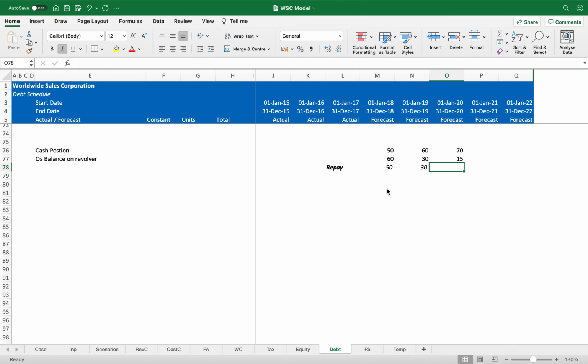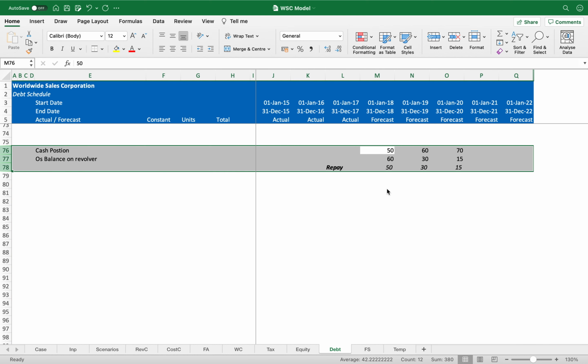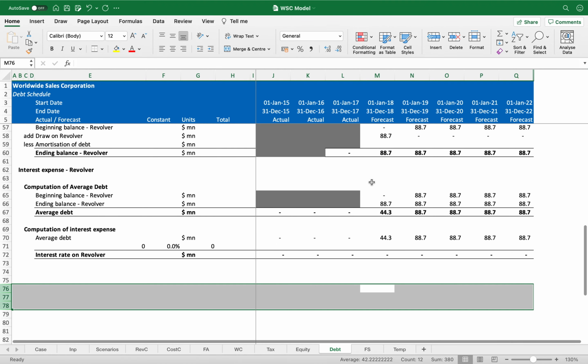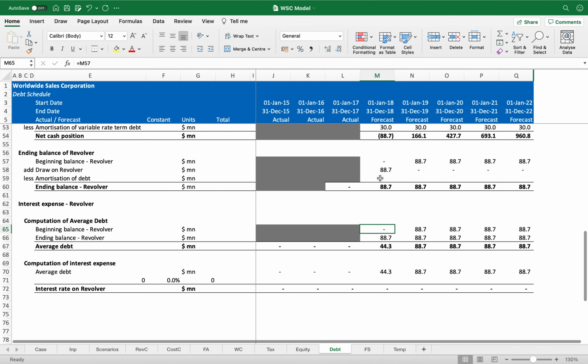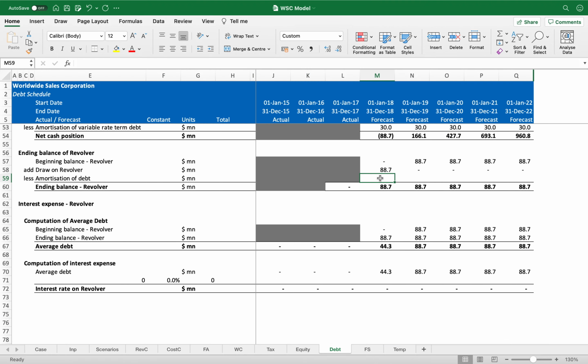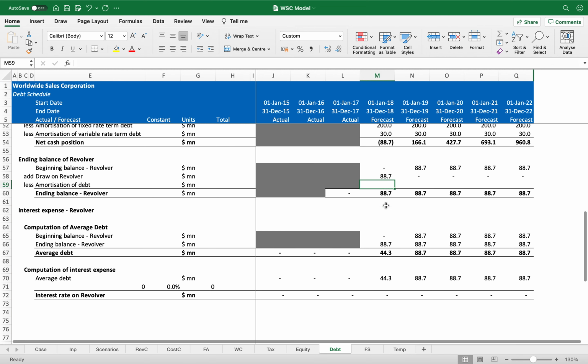How much will I repay? Of course, 15. Right? So what can you infer from this? Your interpretation should be, out of these two, whatever is the minimum, that I will repay. That's what you need to put in the formula.